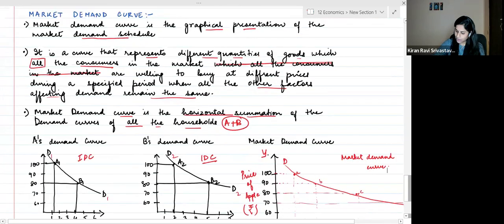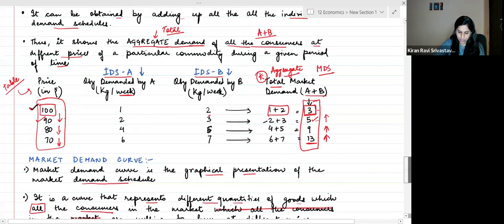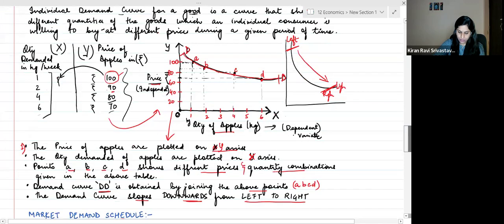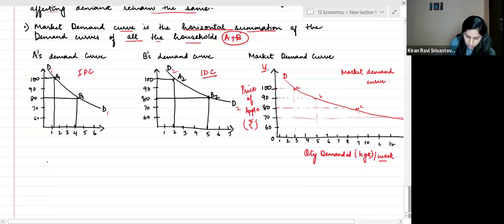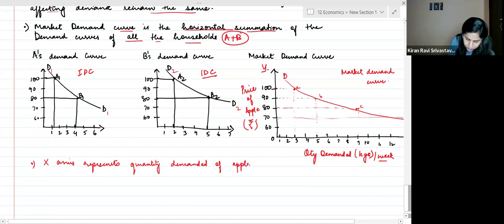And then I will write this kind of explanation, like what I wrote for your individual demand curve. Here I will write the first point. The X axis represents quantity demanded of apples by all consumers or all buyers.